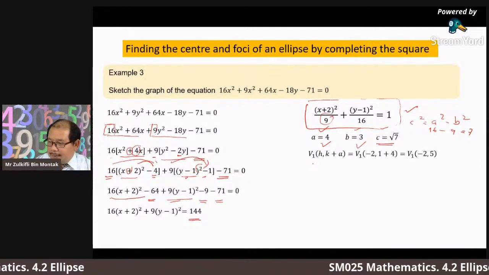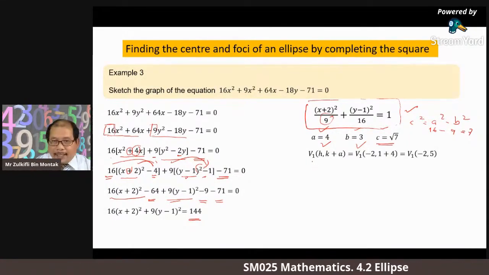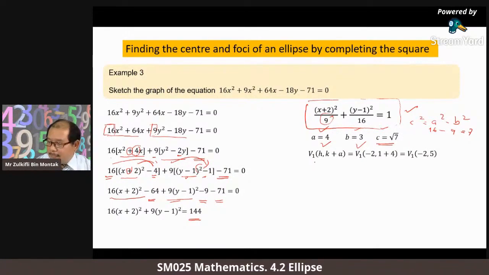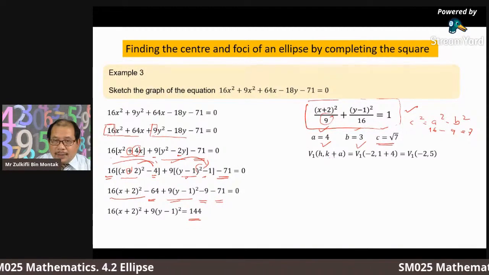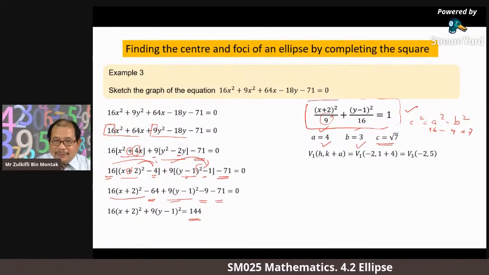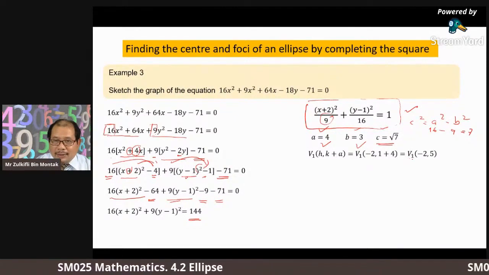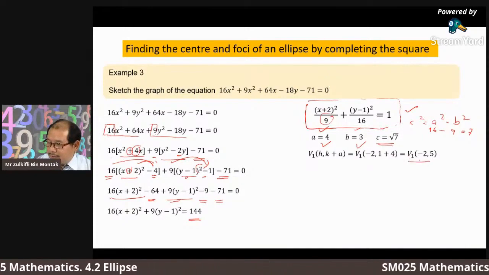To find the vertex, the first vertex is (h, k plus a), so h equals negative 2, and then 1 plus 4. So we have the first vertex (negative 2, 5).